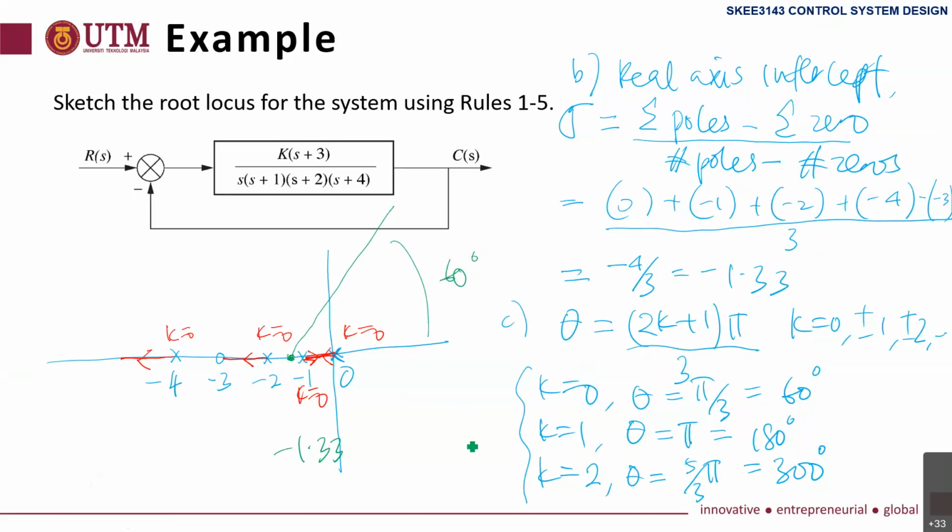The angle is measured from 0 degrees here, the x-axis. 180 degrees is here, and 300 degrees is here. Minus 60 degrees is equal to 300 degrees.